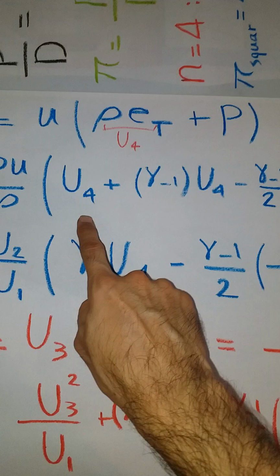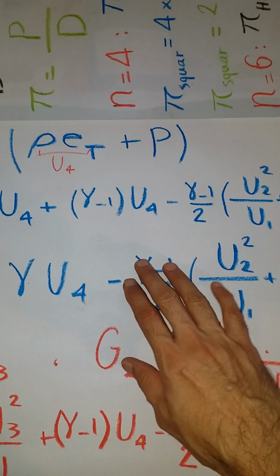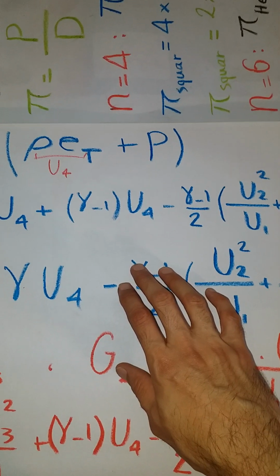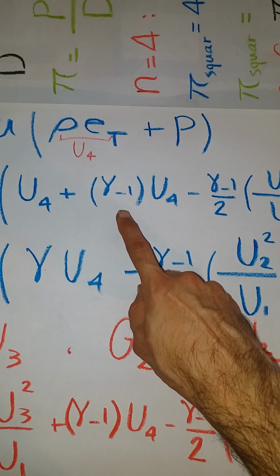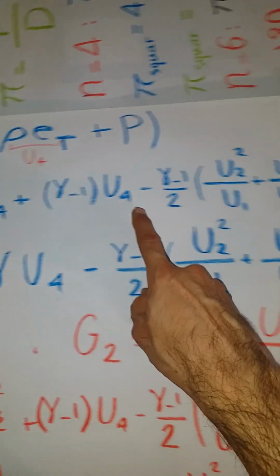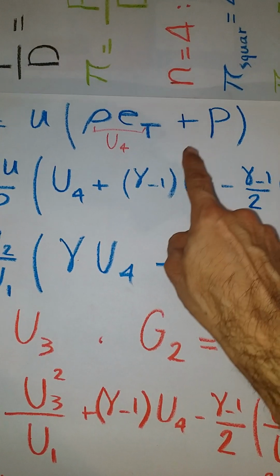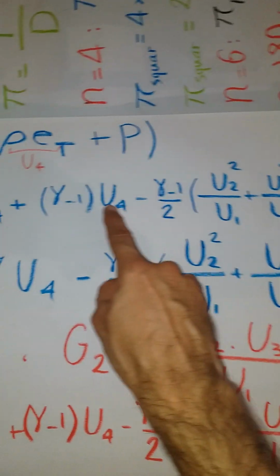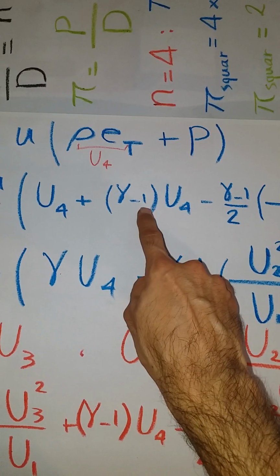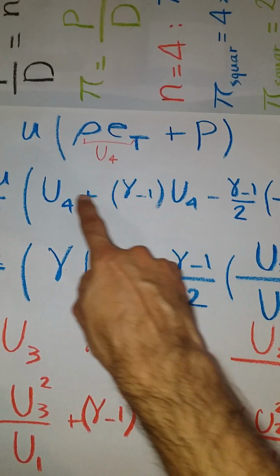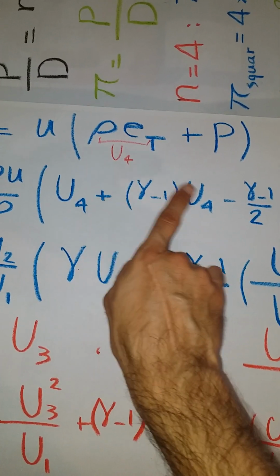Rho e_t is u4 plus pressure, and we derived pressure in conserved form. Just substitute from the last section. It's like that, okay? And when you substitute for pressure, it's like that. And if you multiply this to u4, there would be a minus u4, which cancels this plus u4. So these two are cancelled out.